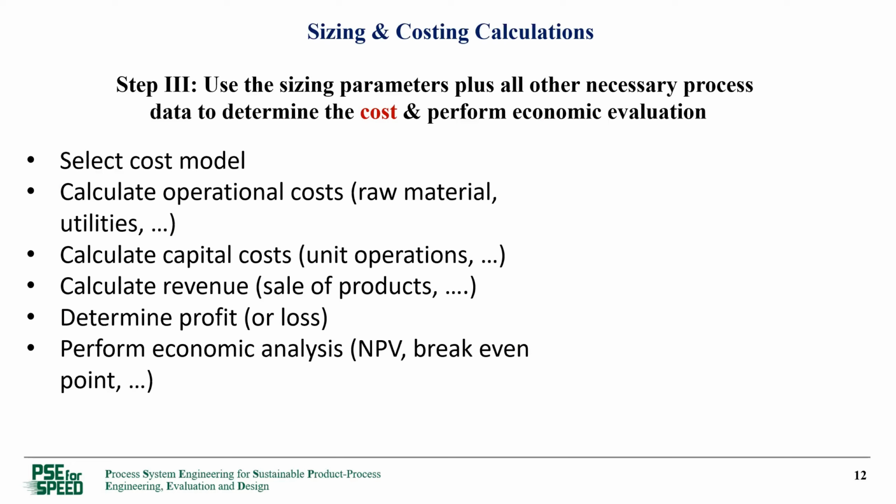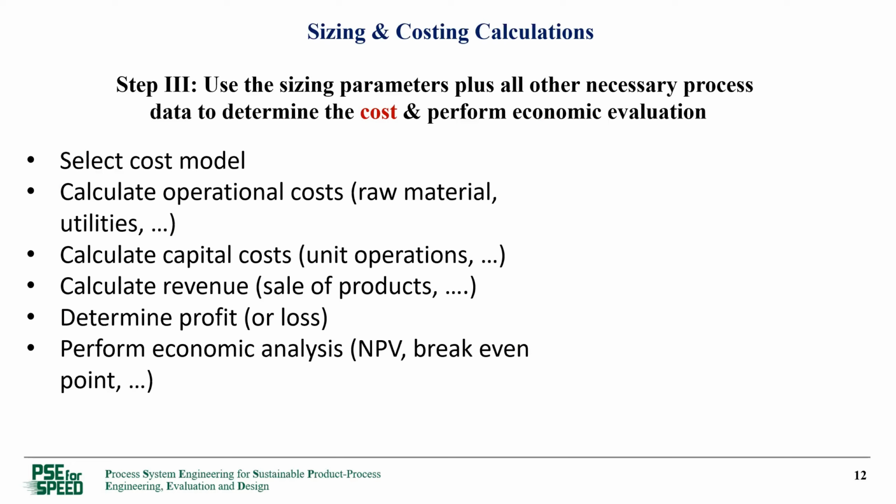We need to calculate the capital cost, that is for the unit operations, and for every unit operation, the purchase cost, and so on. And then we also need to calculate the revenue that we will earn from the sale of products, then determine, based on all the costs and the revenue, are we making a profit or a loss?